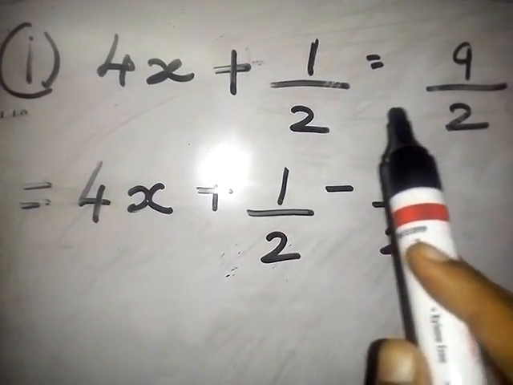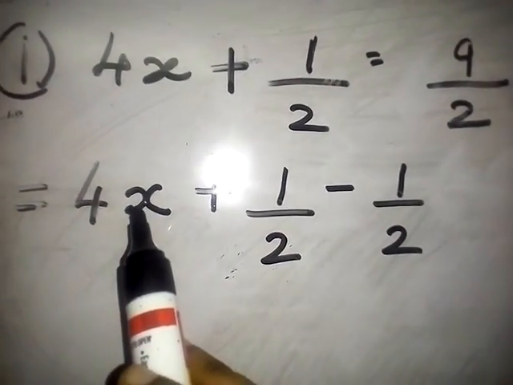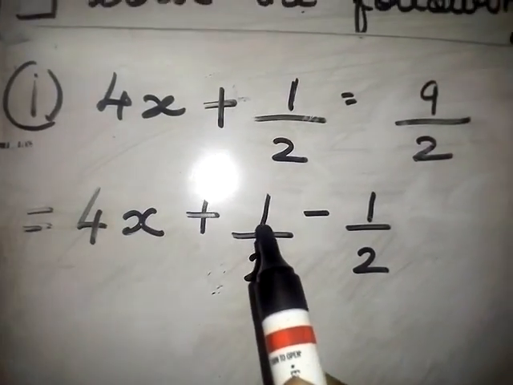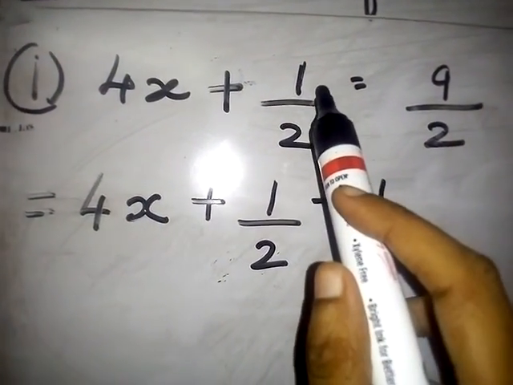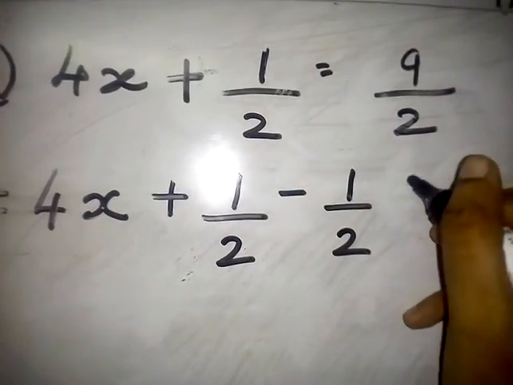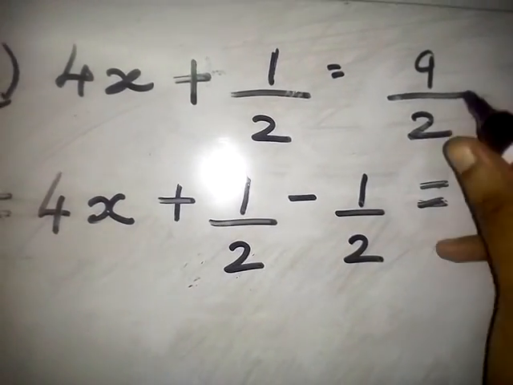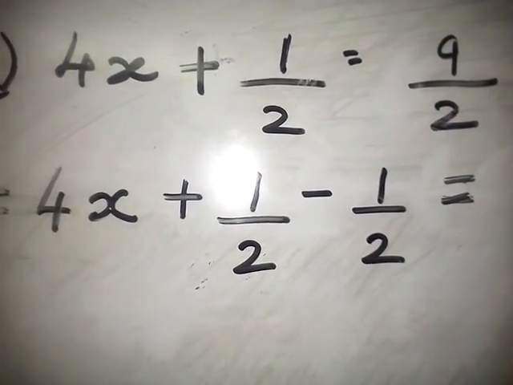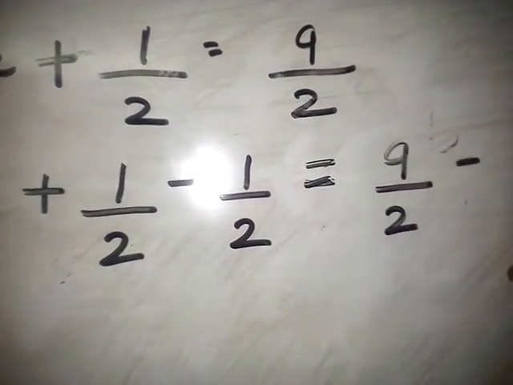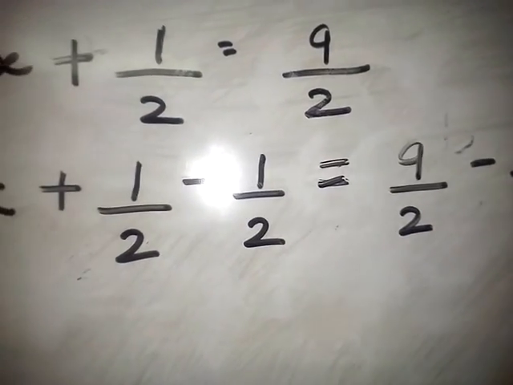4x plus 1 upon 2 is equal to 9 upon 2 becomes 4x plus 1 upon 2 minus the same number 1 upon 2 is equal to, right side what is given, 9 upon 2 minus 1 upon 2.